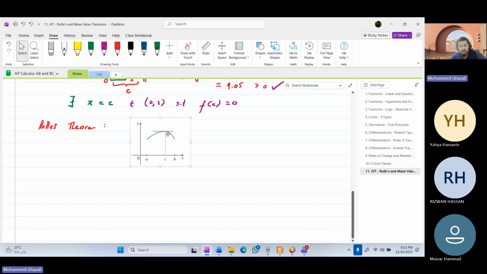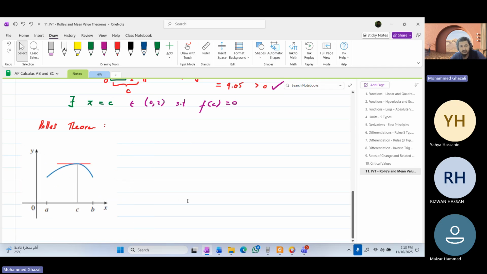Right, so what Rolle's theorem talks about is just a horizontal tangent. That's it. Okay. What's Rolle's theorem about? Horizontal tangents.